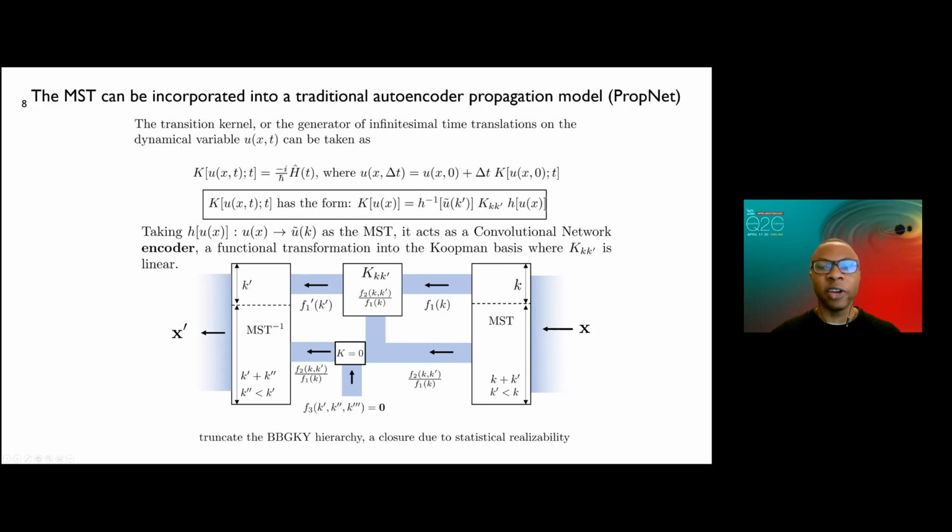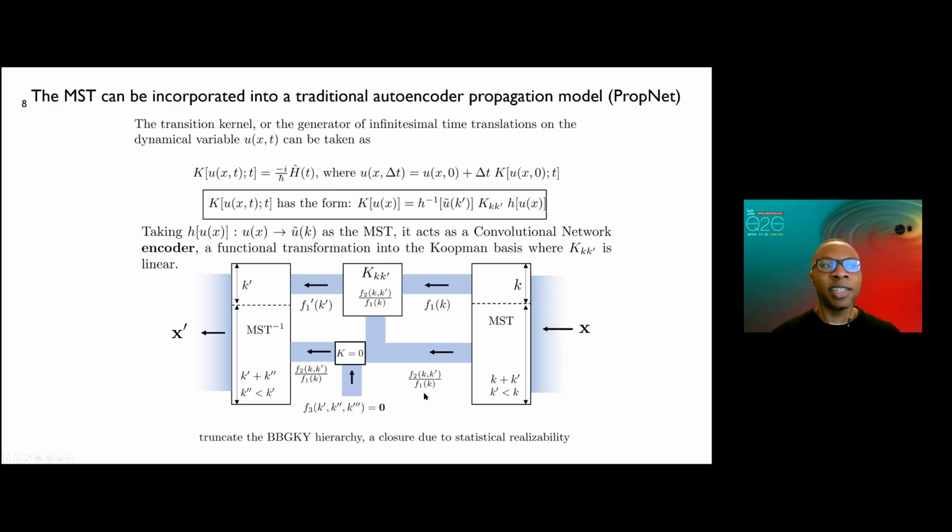And if we go through this diagram in some more detail using MST specifically, we take in our data x, and by applying MST, we get a range of coefficients at different orders: F1, F2, F3, F4, F5, and so forth. What we can do here is truncate this hierarchy at F3 equals 0. So any order higher than F3, so F4 and F5, will be set to 0. And this does something interesting. Normally F3 would set the rate of F2, and F2 would set the rate of F1.